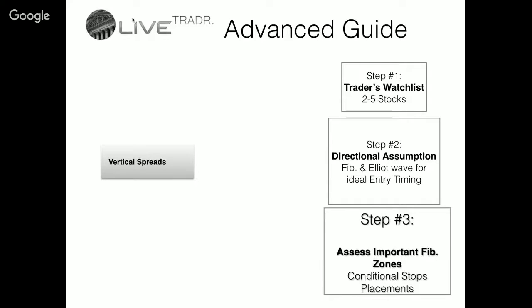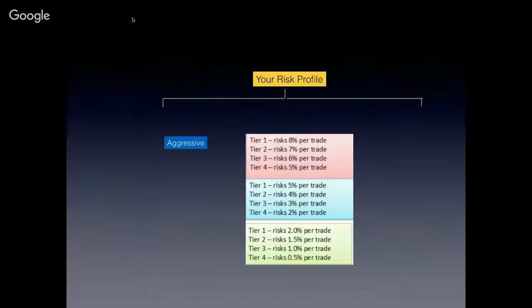The first tiering entry will be digressive tiering, where in tier 1 you'll be risking about 8%, tier 2 will be 7%, followed by 6% for tier 3 and 5% for tier 4.